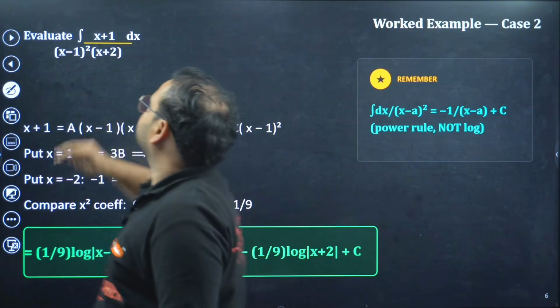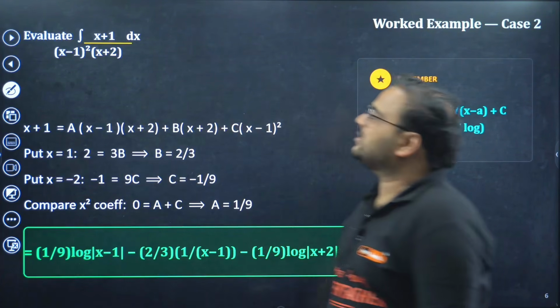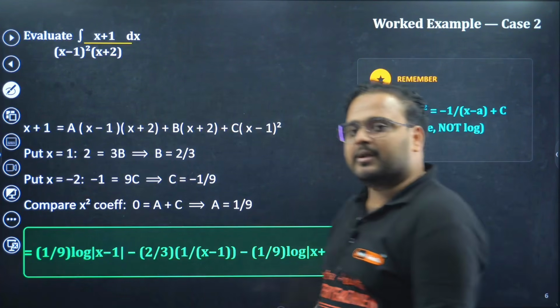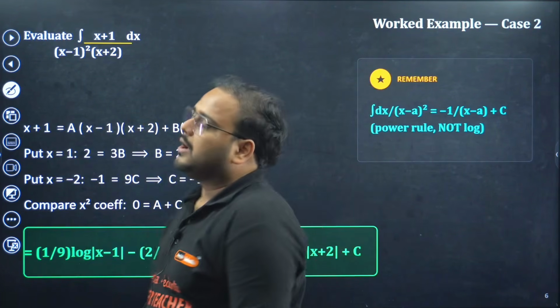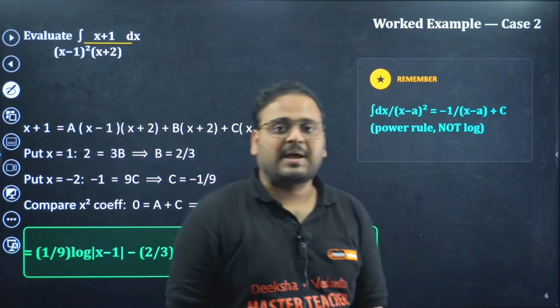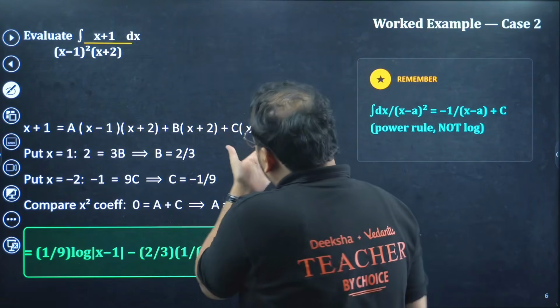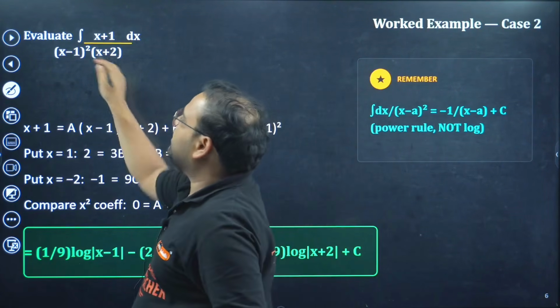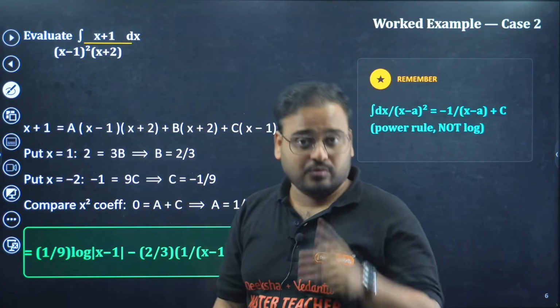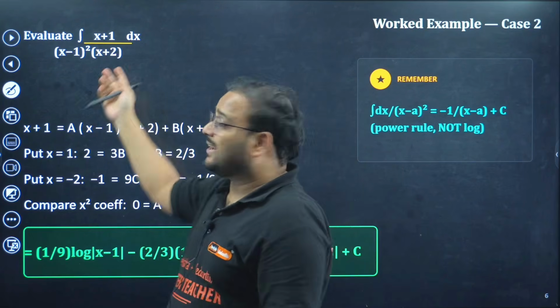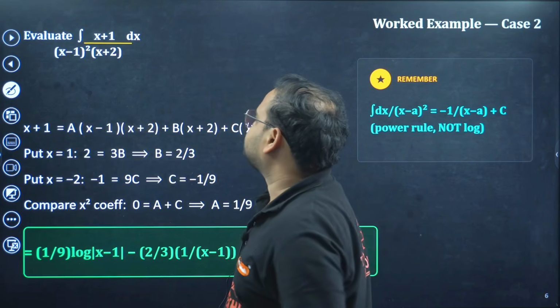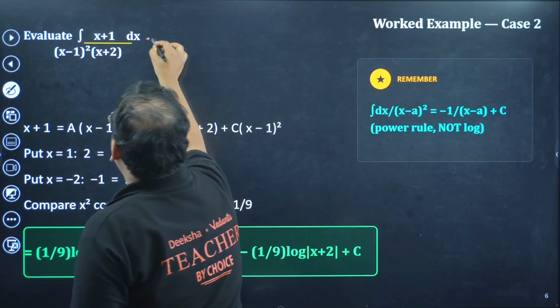Worked example. The question given to us is the integration of x plus 1 upon x minus 1 the whole square times x plus 2. Is this proper or not? It is proper, sir. The degree of the numerator is 1 and the degree of the denominator is 3. So let's expand it.